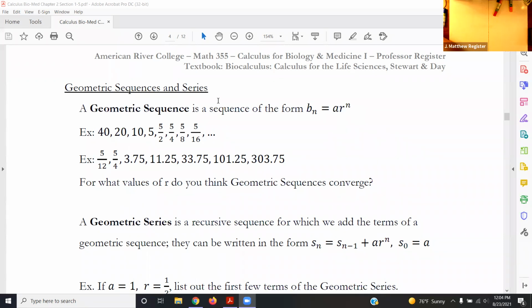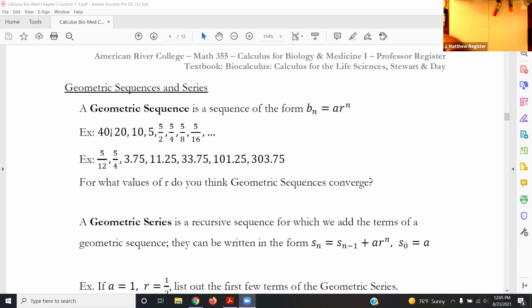And so for this first example, if we multiply by 1/2 each time we go 40, 20, 10, 5, 5 halves, on and on and on. Looking at this one, it's multiplying by 3 each time. And so 5/12 times 3 is 5/4 times 3 is 3.75, and so on, all of the way down.